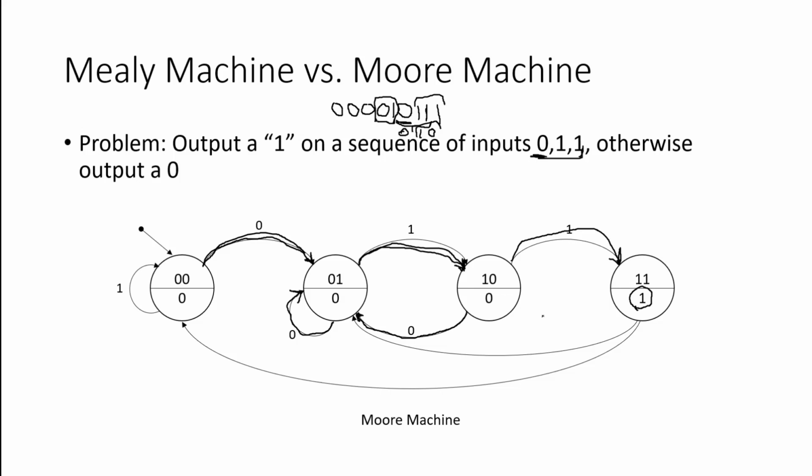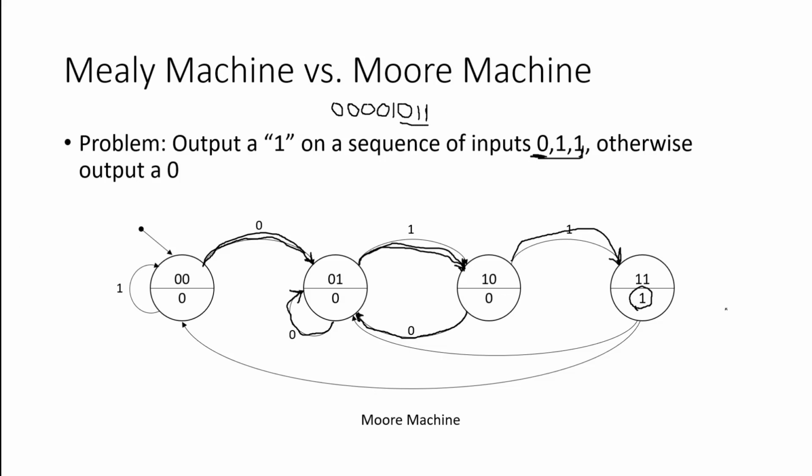All right? So when I'm in this state and I receive a 0, what does that mean? Let me just clear up the top here. We're going to look at this first case. I've received 0, 1, 1.